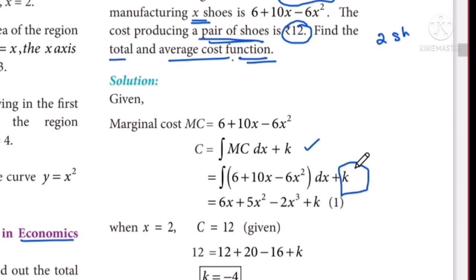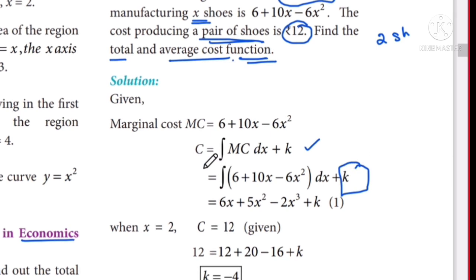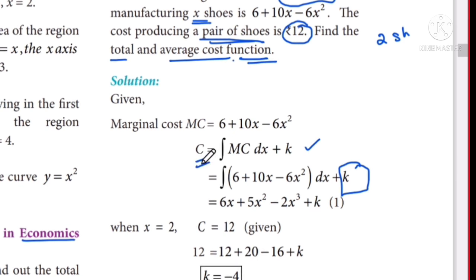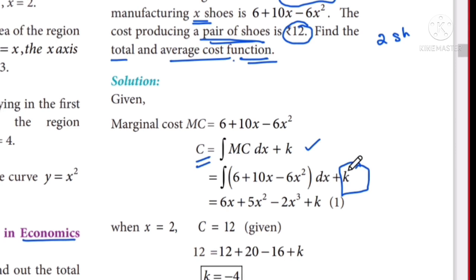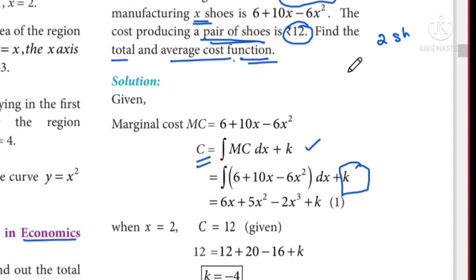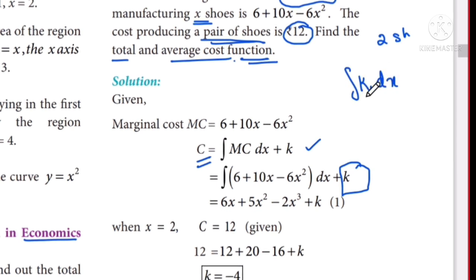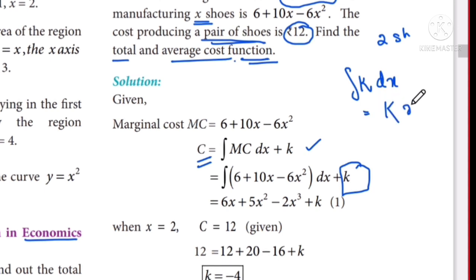Usually you put the constant as c, but here we put it as k because we already denote cost by c. So just to avoid confusion, you put the constant as k. So integration of 6. What is the integration of k? There is no x, it is a constant. Integration is kx.